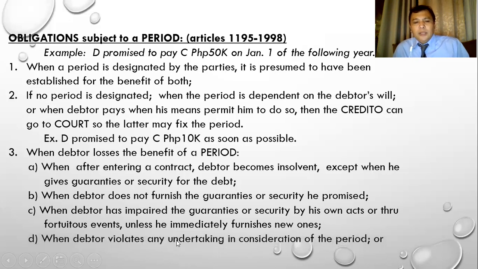Number 4, when the debtor violates any undertaking in consideration of the period. So when he violates the terms or conditions of the contract that have to do with the period, then he loses the benefit of a period. So meaning the creditor, in this example, will not wait for January 1; the obligation becomes due and demandable.